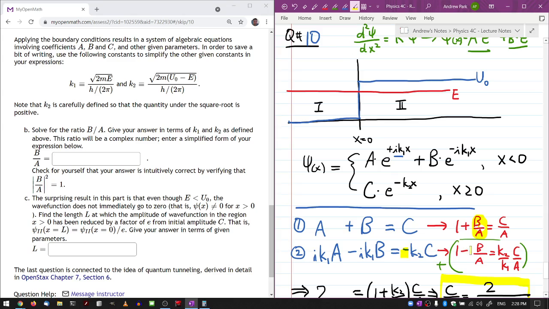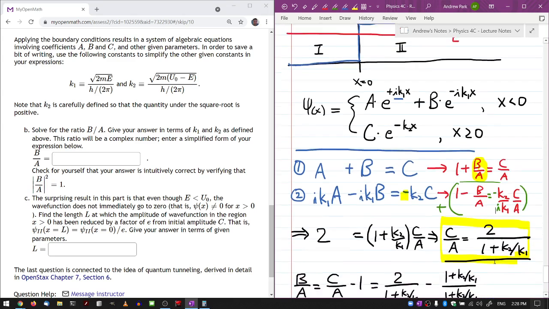The left-hand side is fine, nothing needs to change here. What's changing is on the right-hand side: in the numerator I should have minus k2, and in the denominator I should have ik1.